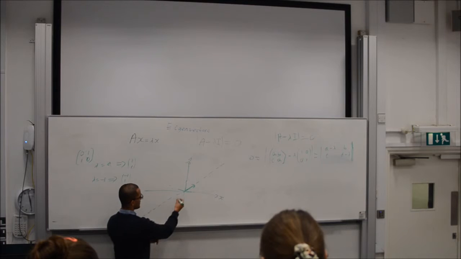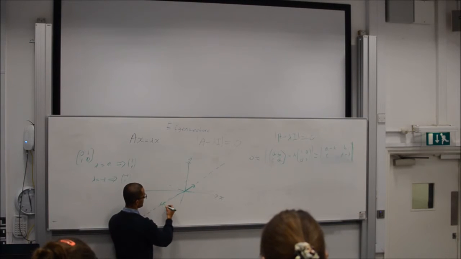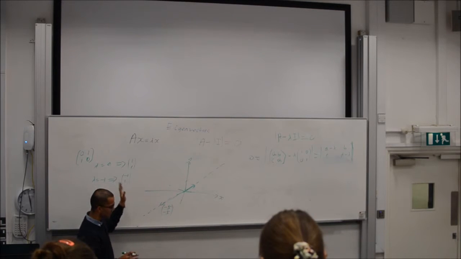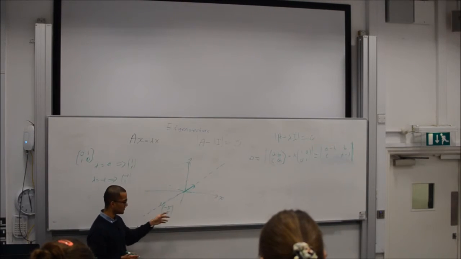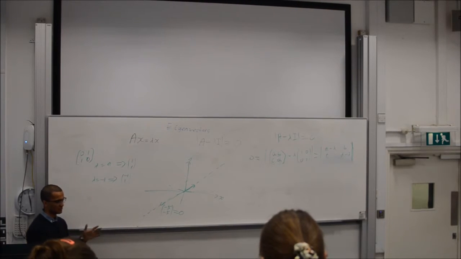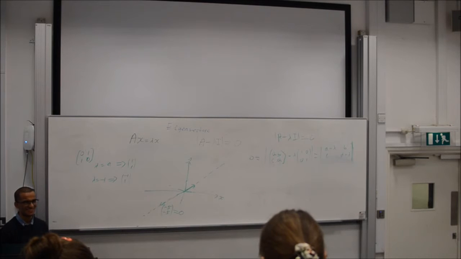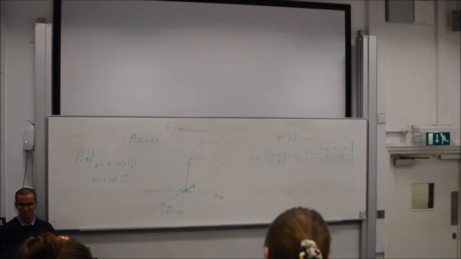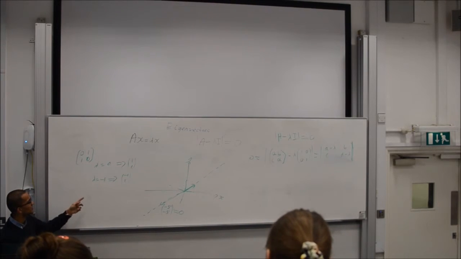If you put in any vector, say minus 5, minus 5, and reflect it on that line, any vector along that line gives 0, because there's nothing to reflect. That makes sense.